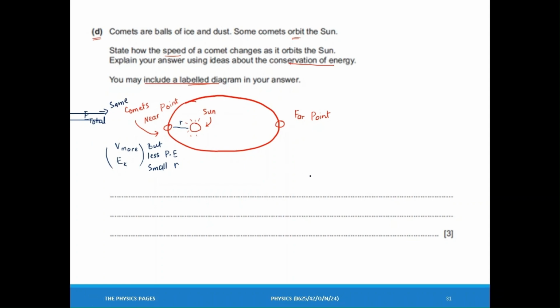When it is at a far point, speed and kinetic energy are less, whereas the average distance of the comet from the Sun is large, so potential energy is also large.